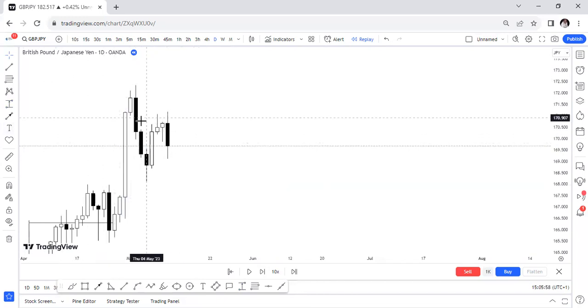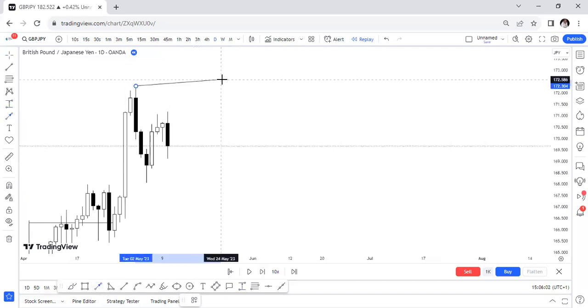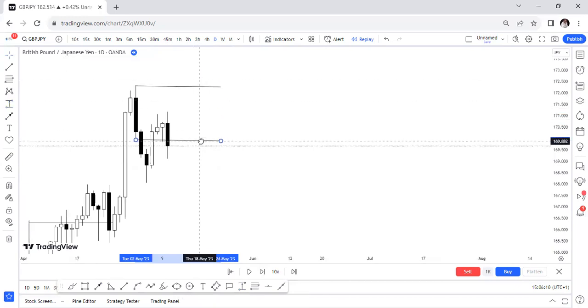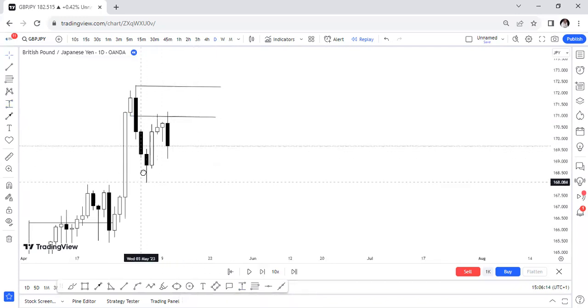Then we have this as another zone. Let's see if price will take out that zone. Price came in.